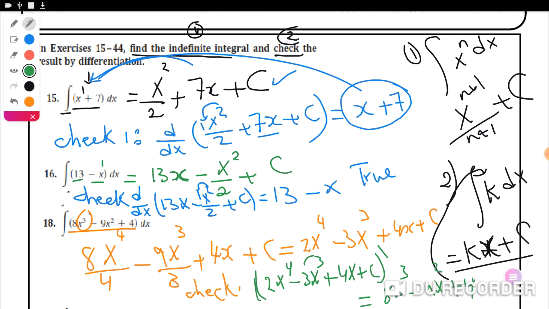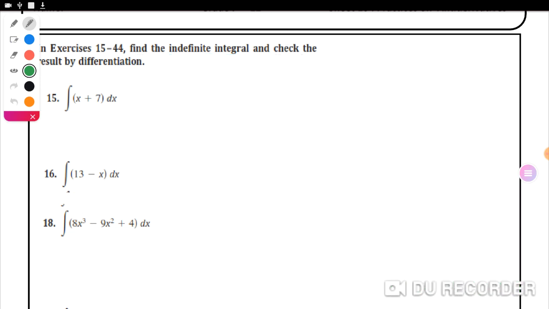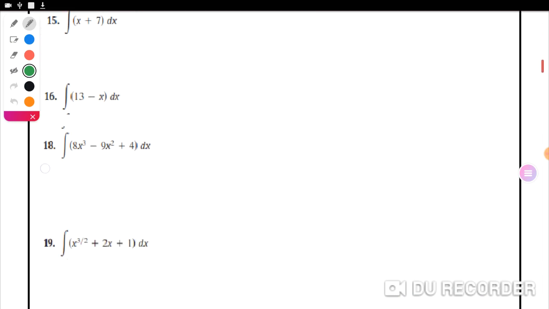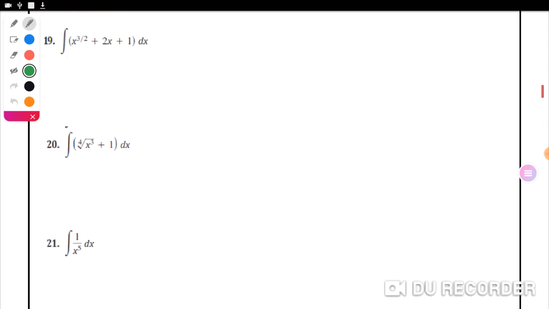It is the same as the integrand function. I hope you understand. Clear? Without the basic rules of integration and differentiation, you never know how to solve.